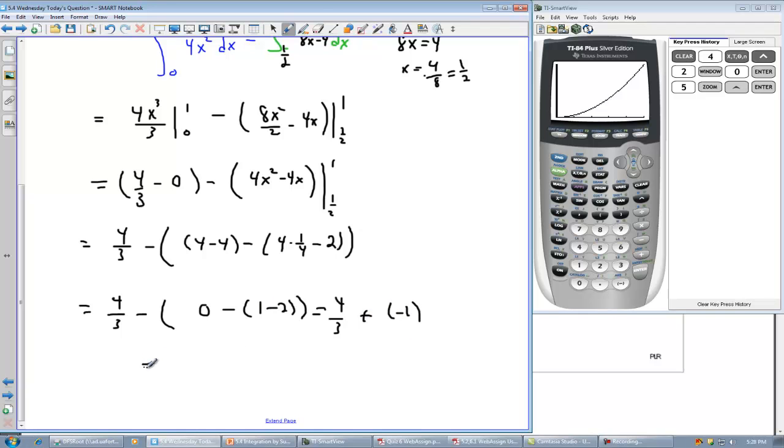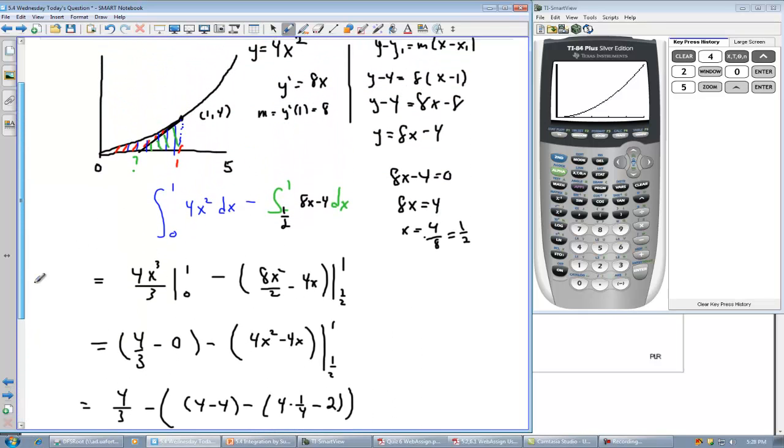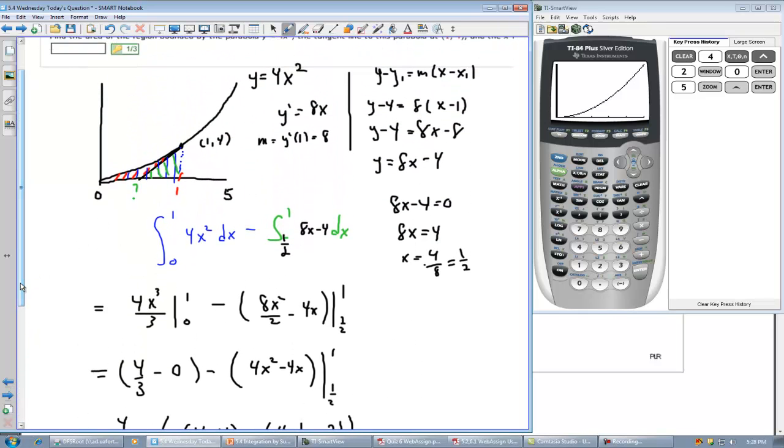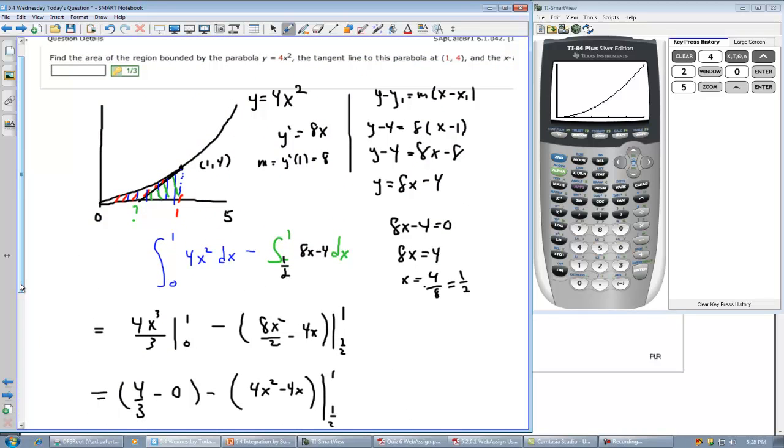All right, so this is equal to 4/3 minus 1, which equals 1/3, and this is units squared. All right, so if I did everything right, my answer should match up with their answer up here, which was 1/3.